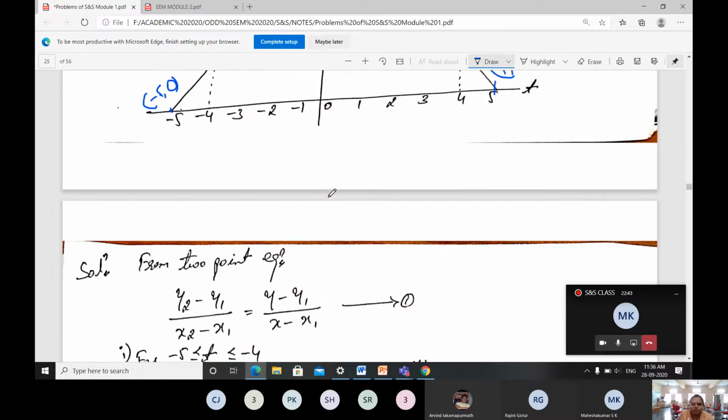Next, what do you have to do? We have to use the line equation. This is your standard line equation: y2 minus y1 divided by x2 minus x1 is equal to y minus y1 divided by x minus x1. Remember this.